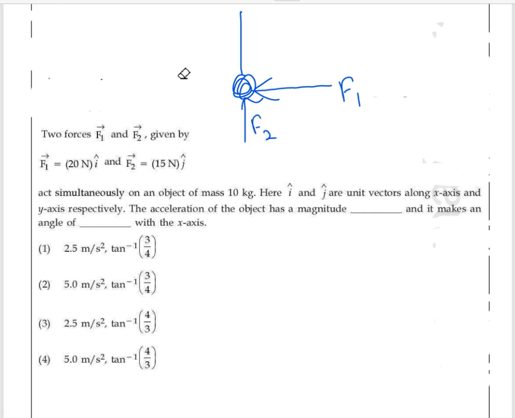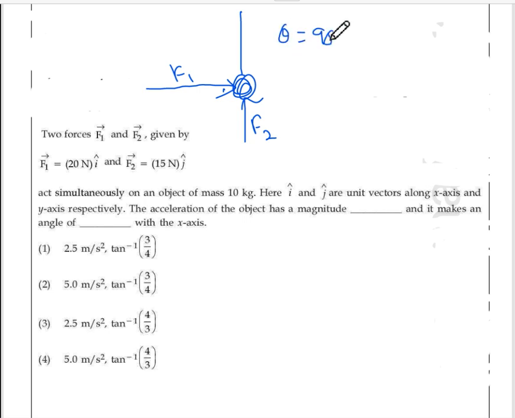I'll take its positive direction, so it is given positive. So the first force is acting in this direction, F1. As the forces are along i and j, the angle between them theta becomes 90 degrees. So the net force I can say directly is the square root of F1 squared plus F2 squared.